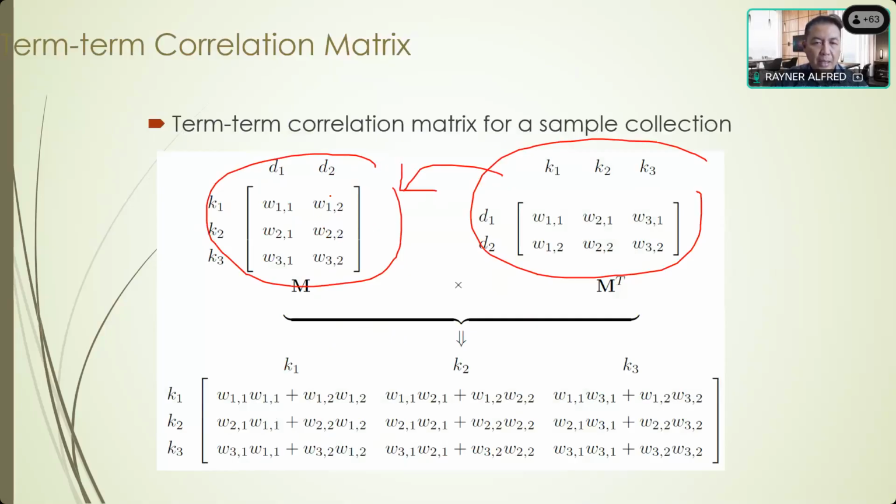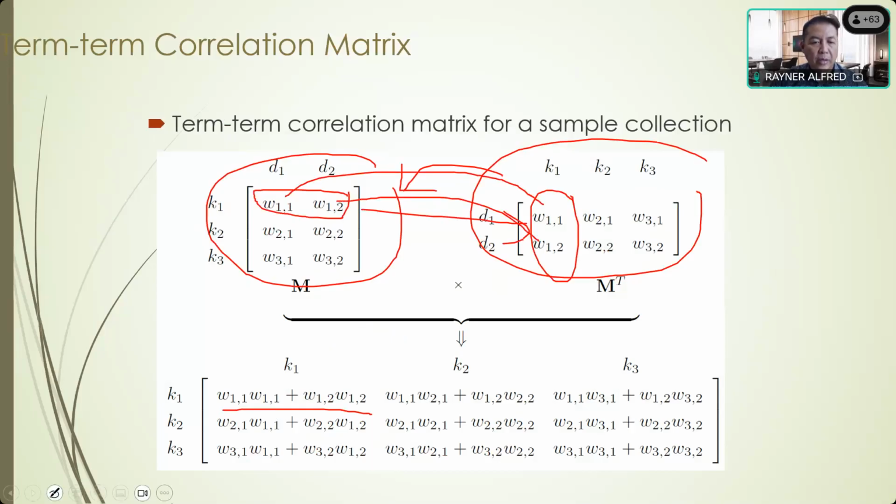So we are looking at this times this: the weight 1 times weight 1, plus the weight 1 times weight 2, and then you redo again.